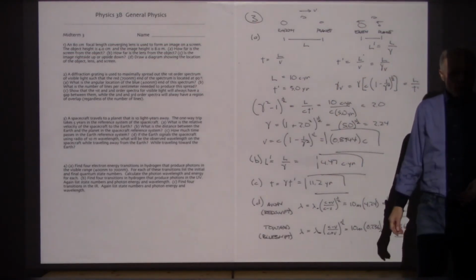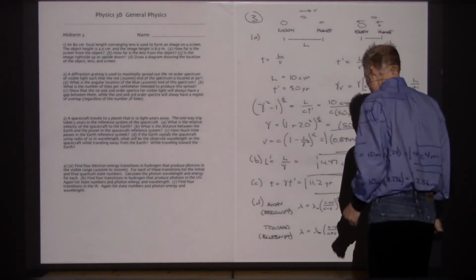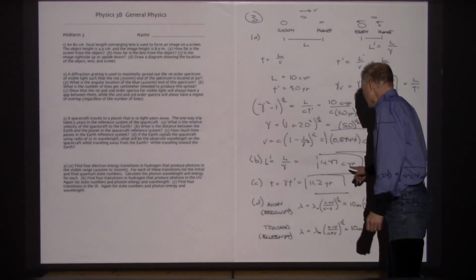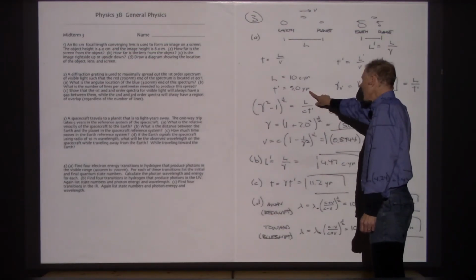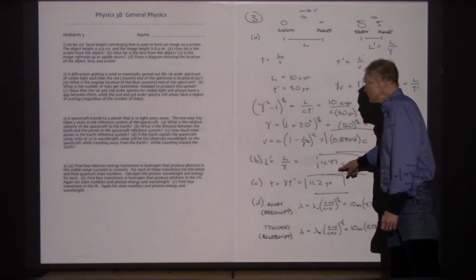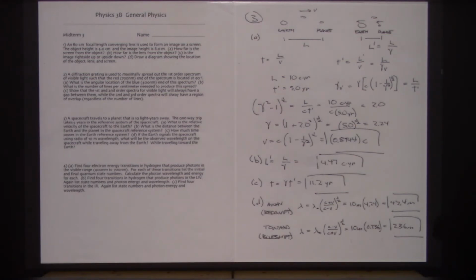So if it's 10 light years away, it's going to take me more than 10 years to get there. And 11.2 works out. I can plug back into these formulas and double check. And then in terms of the distance, how could I possibly get there in just 5 years? That would require that the distance be less than 5 light years. So everything seems to be working, I want to suggest.